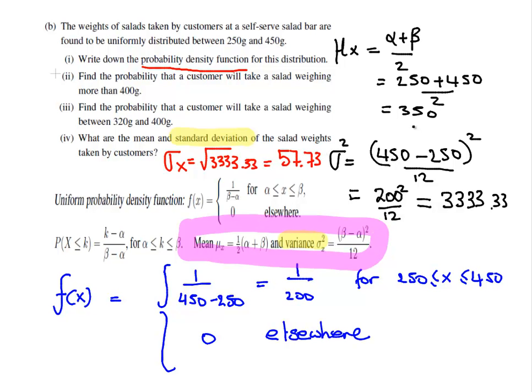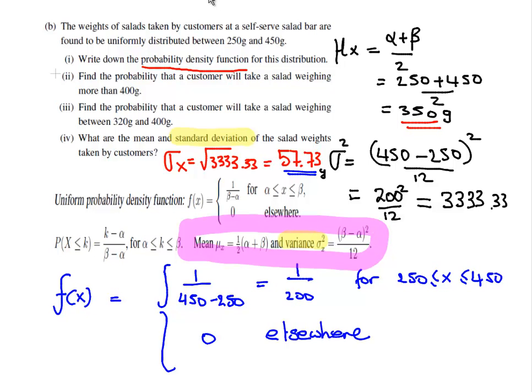So the answer to the mean is 350, and the standard deviation is 57.73. Just remember to put in units here. We're dealing in grams, so that's 350 grams and 57.73 grams.